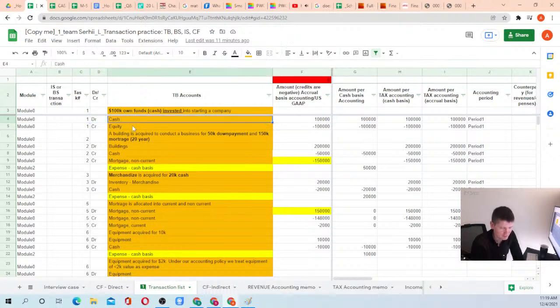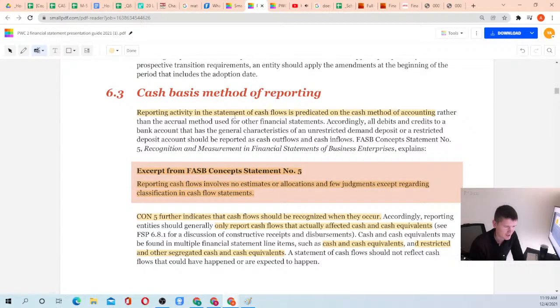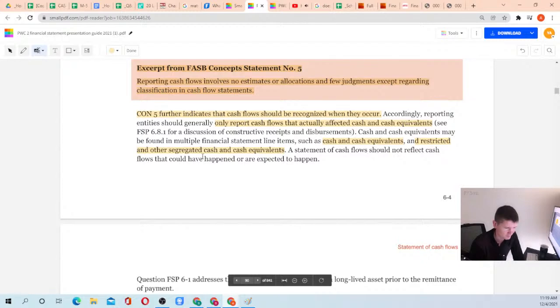In the indirect method, you basically do the same for investing activities and financing activities, but for operating activities, you have to reconcile your accrual basis to cash basis, and the classification might require some judgment from you.